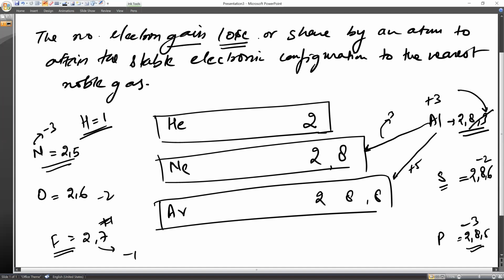Now in the previous class, have we discussed isobars, isotopes, and everything?